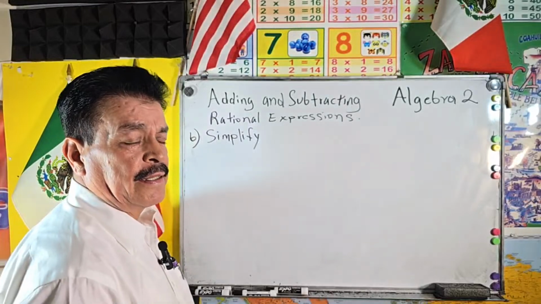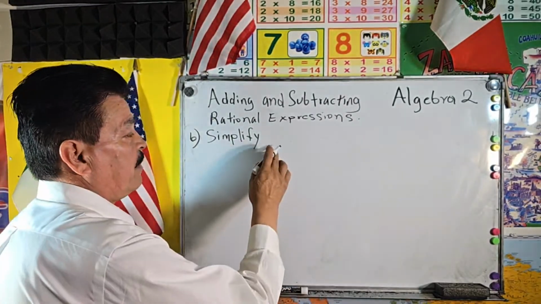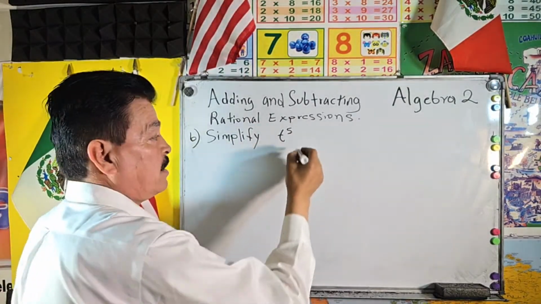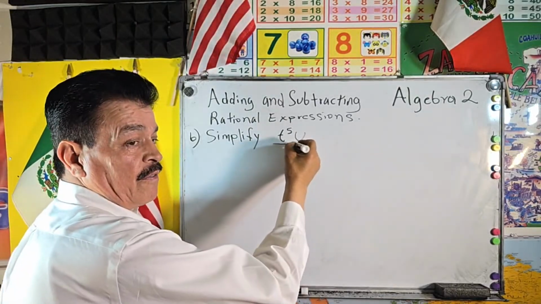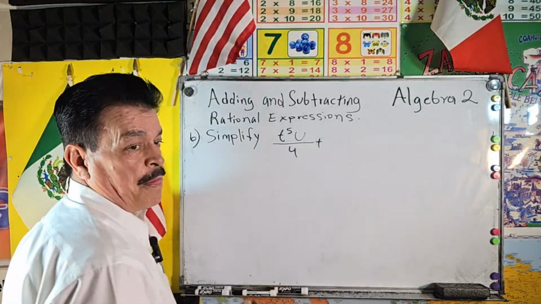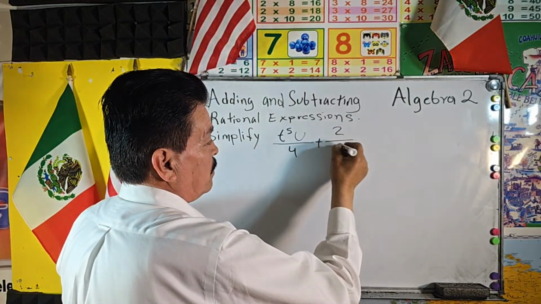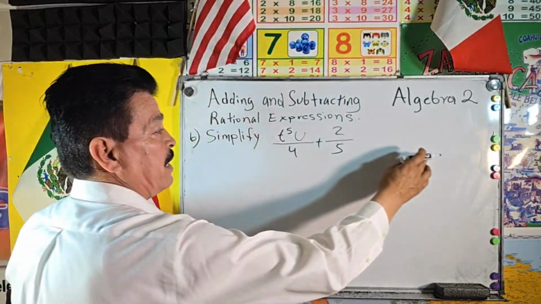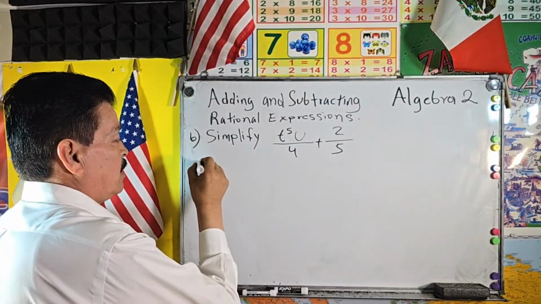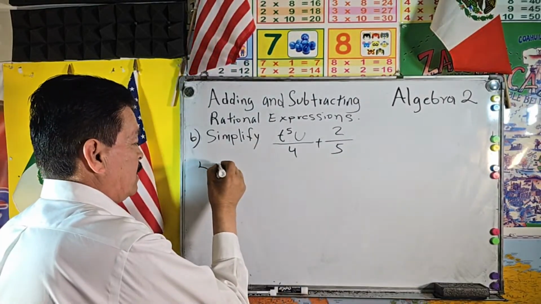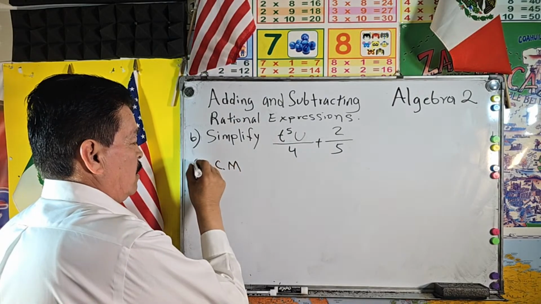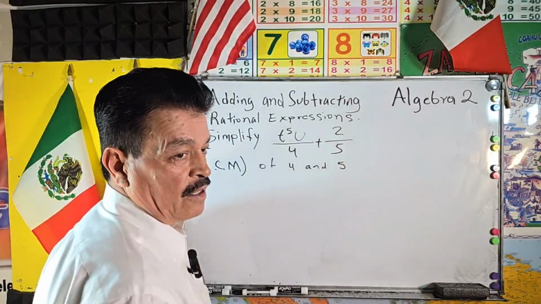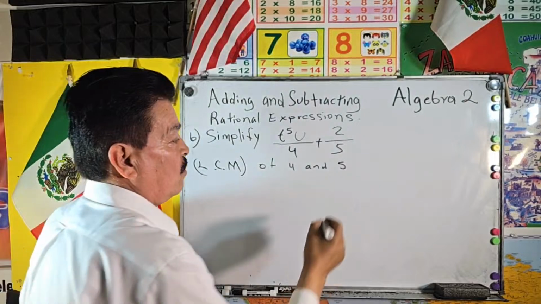The third one is, let's write, simplify (t^5 u)/4 plus 2/5. That's our problem. So first step, find the common denominator here. You can use another style, the least common multiple of 4 and 5.